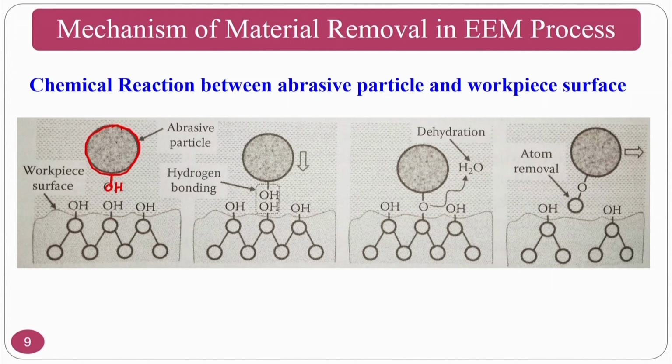These OH molecules form hydrogen bonding, and it goes off as water. Then it retains the oxygen bonding, and this oxygen will remove one atom. So, this is how the material is removed atom by atom, not by mechanical action.